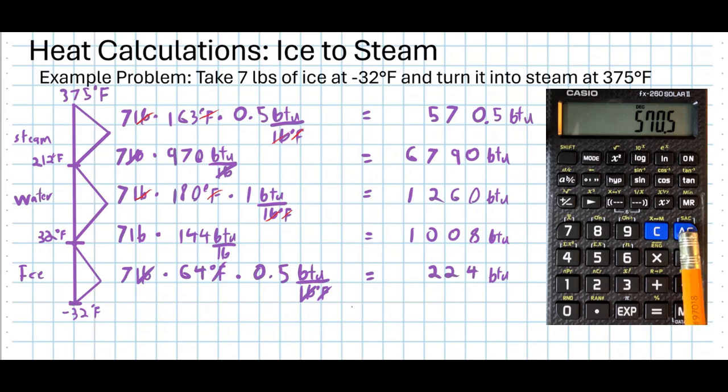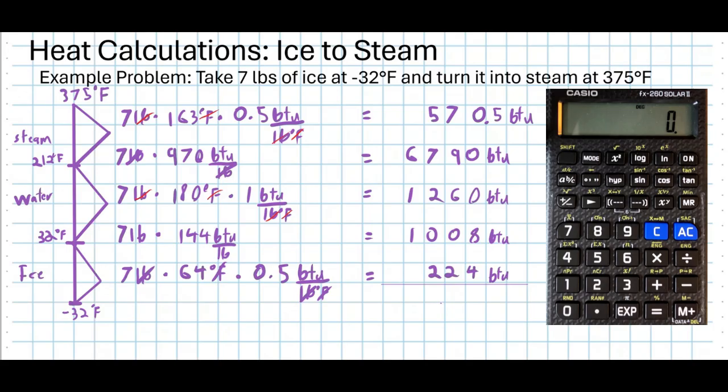So what the question is usually going to be asking us is, what is the total energy? So now I need to add up all these energies, and that will tell me how much energy it took to melt this block of ice and turn it into steam at 375 degrees.